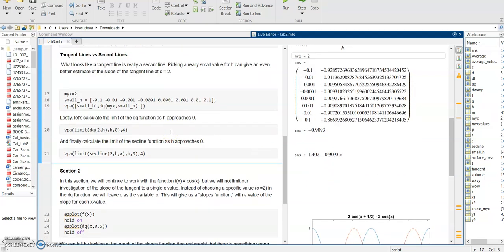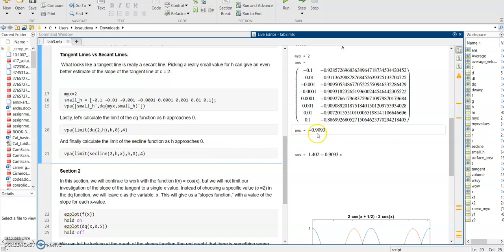That means you have no difference between x1 and x2. So that means you are limiting the h value for the slope equation. And you have seen this VBA code to just make sure that you have everything in decimals, and you are limiting your slope equation for the values of h to 0. You're letting h tend to 0 for your slope equation, and you're limiting your answer to four significant digits.